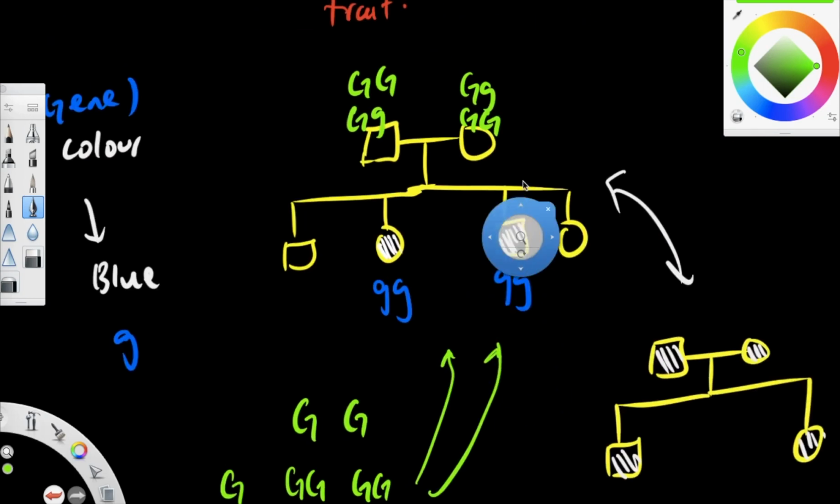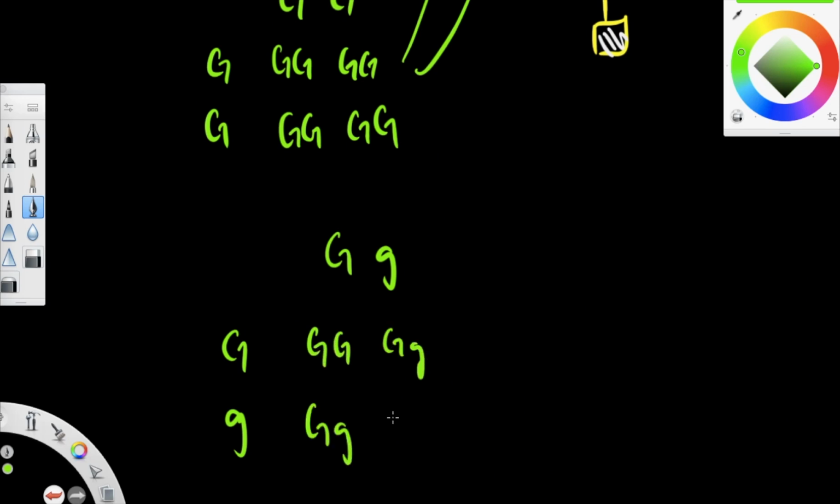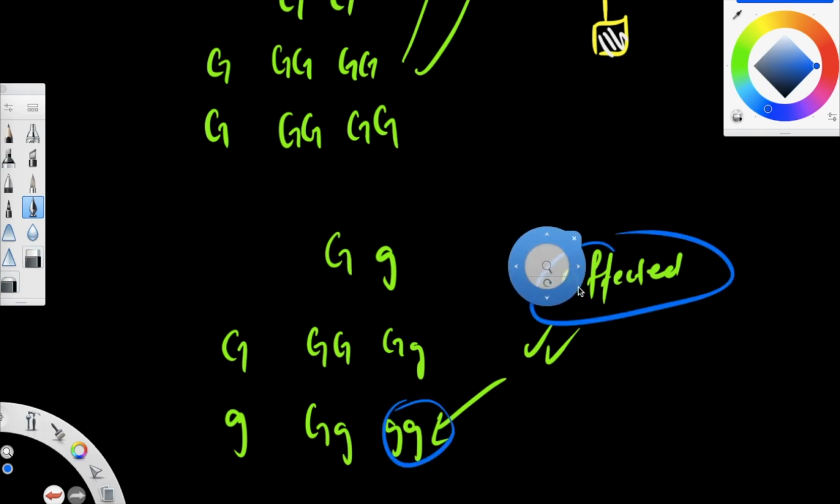So let's explore the other scenario: capital G, lowercase g. Let's assume that both parents are heterozygous. So we're going to draw the Punnett square results out. We can see, yes, it is possible for the offsprings to have lowercase g and lowercase g alleles, aka they're affected with blue eye color, right?